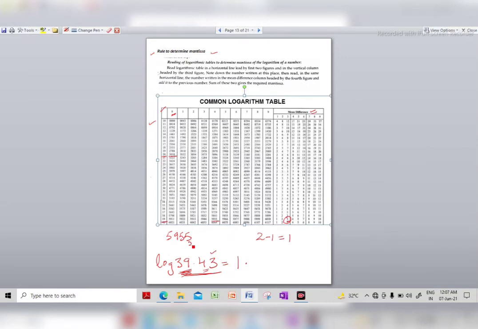In this we will add 3. That will give me 5958. So my answer will be 1.5958, which is the final answer of this question. I hope you understand this concept.